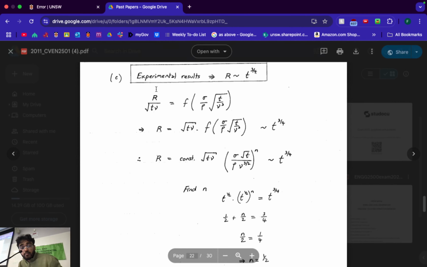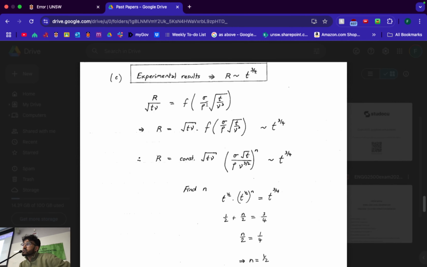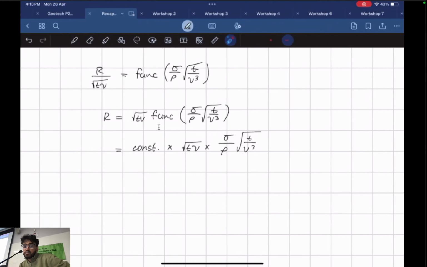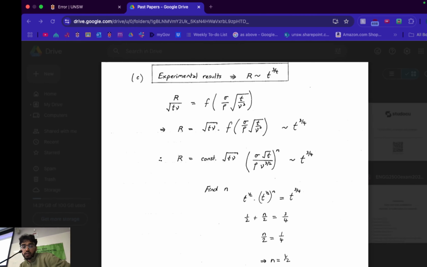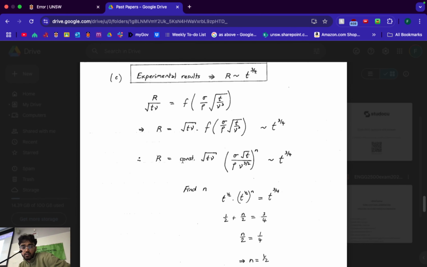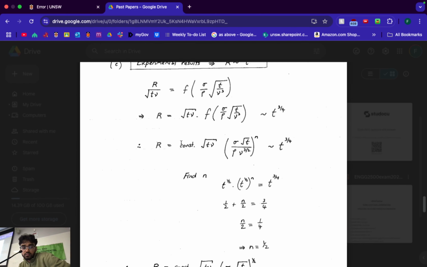This is our pi 1 on the left, that's a function of pi 2. So we plug in pi 2 and rearrange for r, so that's what I've done. Then we convert this into a constant times, because it's proportional to, it's a function of. So we're just going to multiply by a constant.